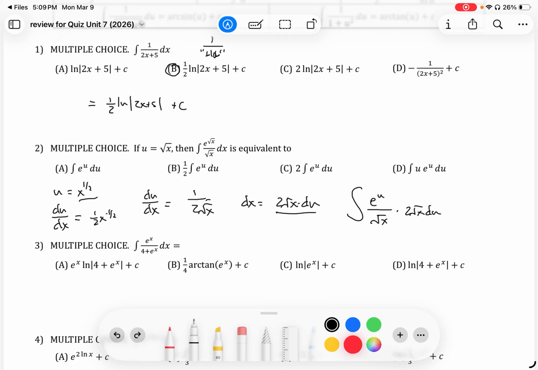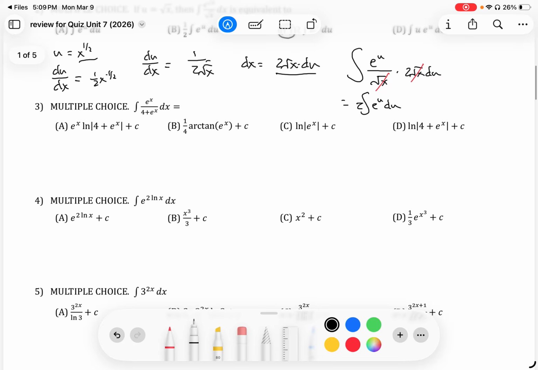Okay, our root x's are going to divide out as desired, and we end up with an antiderivative all in terms of u. 2 times the antiderivative of e to the u du. And that ends up giving us c.